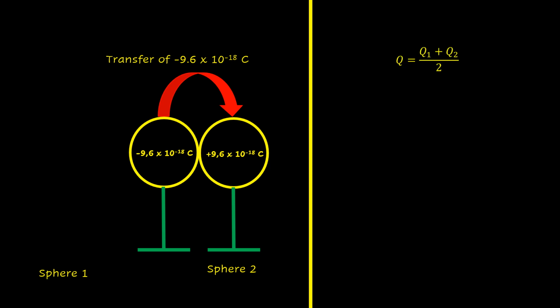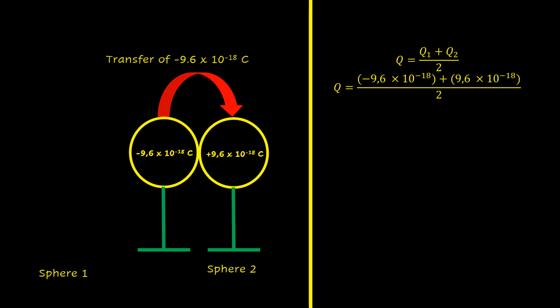The new charge Q will be equal to the initial charge on sphere 1, which is negative 9.6 multiplied by 10 raised to the power of minus 18, plus the initial charge on sphere 2, which is positive 9.6 multiplied by 10 raised to the power of minus 18, all of it divided by 2.